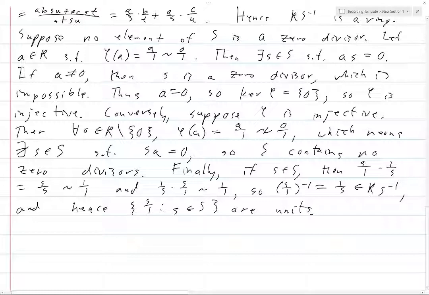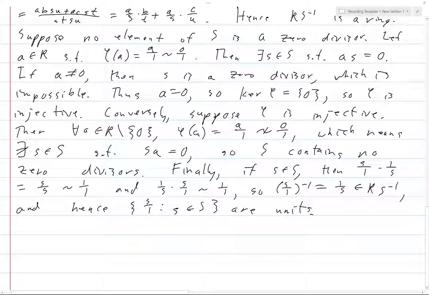You can kind of see the analog of this with the rational numbers: you would take R to be the integers, and S to be non-zero, strictly positive integers, and then you put the equivalence relation.